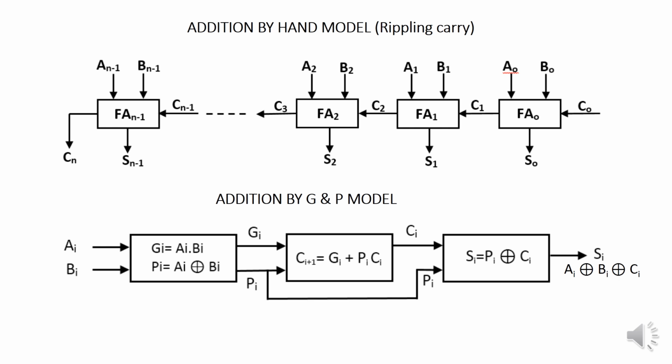Let's see then what is the relative importance of the carry generate and propagate process when compared to the rippling process. In the rippling process, the n bits of A and B are all available at the start, at time 0.